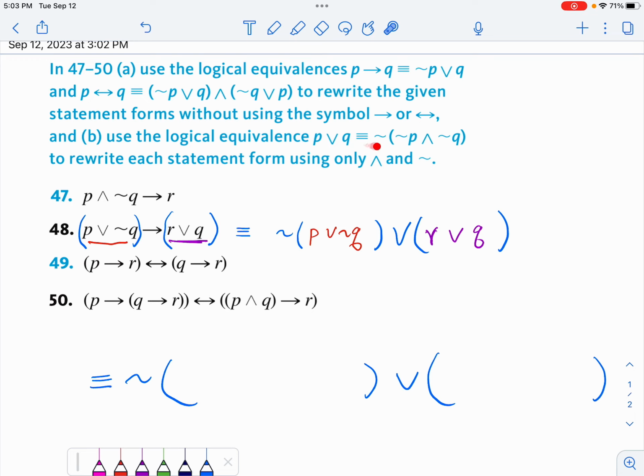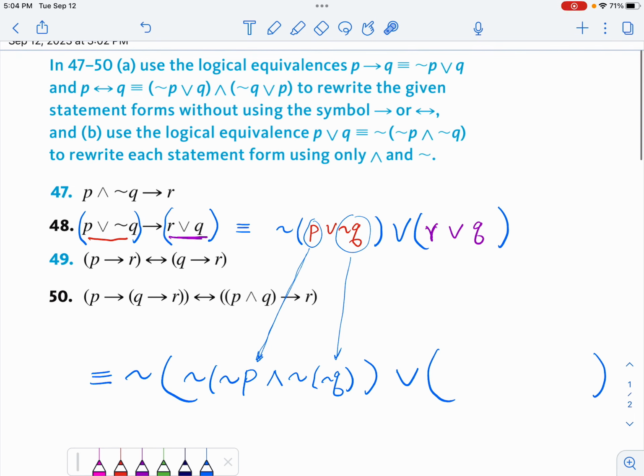According to this rule, I take not of the first part, which is this, and not of the second part, the negation of this Q. The second part is not Q, so negating it gives not not Q. This is my first part.